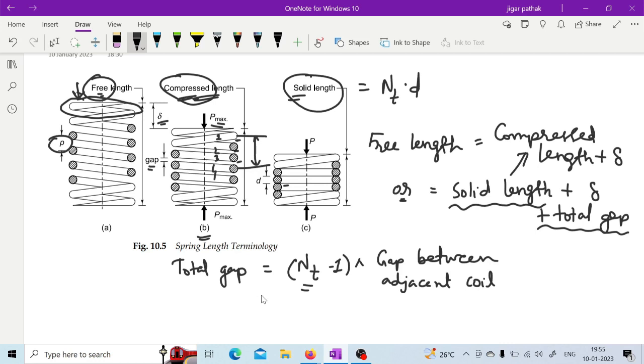Practically, which length do we observe? See, generally you will observe this compressed length only when the load is applied, because the spring will not directly go to the solid length state, right? So in practical application, you will generally find this compressed length only when the load is applied. Okay.